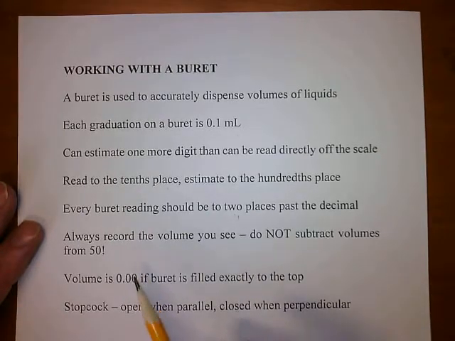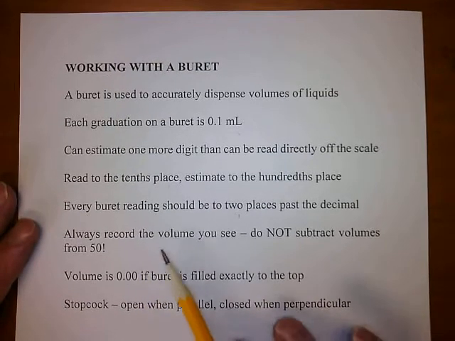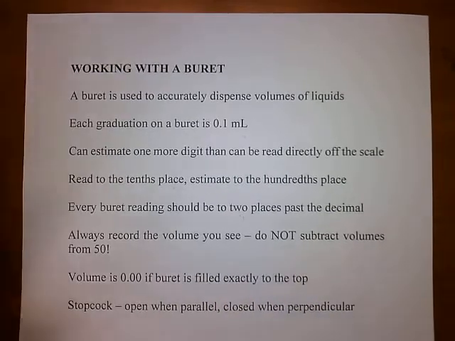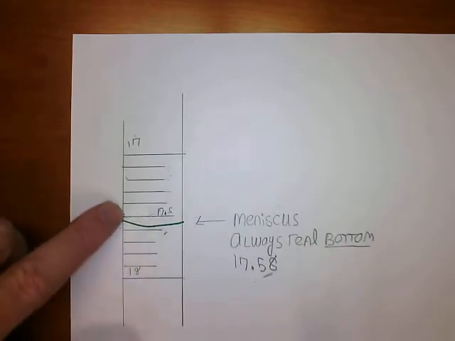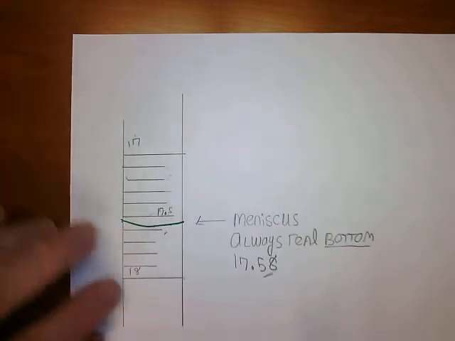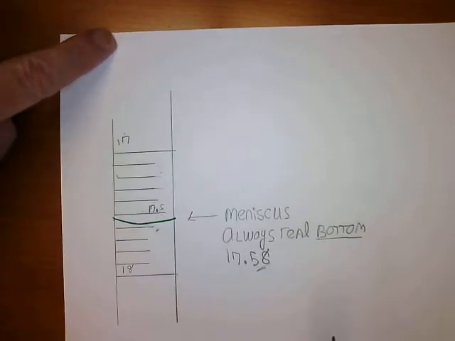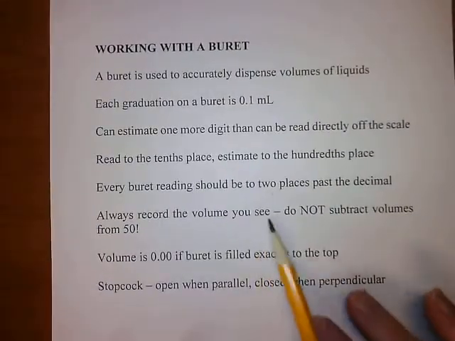Another thing about working with a burette is that you always record the volume you see. You do not subtract volumes from 50. Okay, so if you go back and look at this again, the numbers go down as you go higher up. If you go all the way up to the top, the 0 is at the top. So the volume on the burette is actually 0 when it's filled all the way to the top, as strange as that might sound.